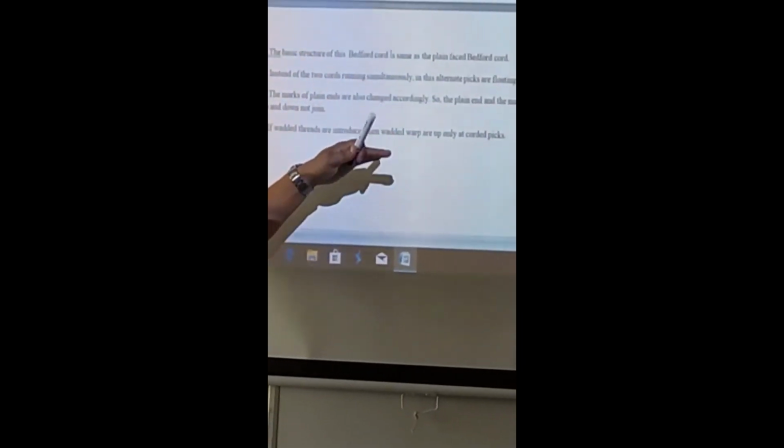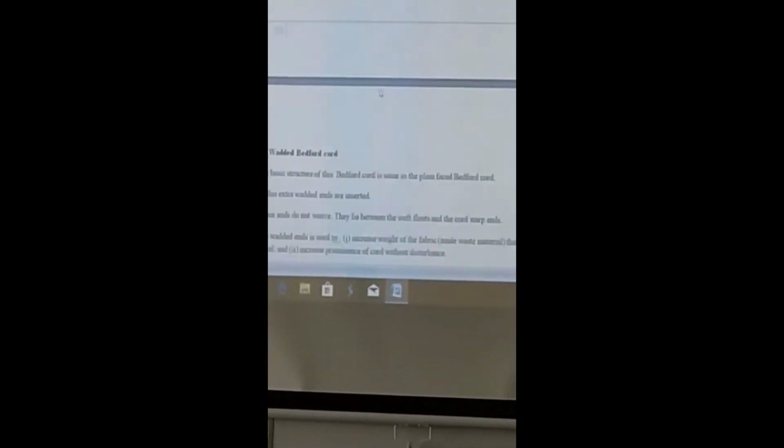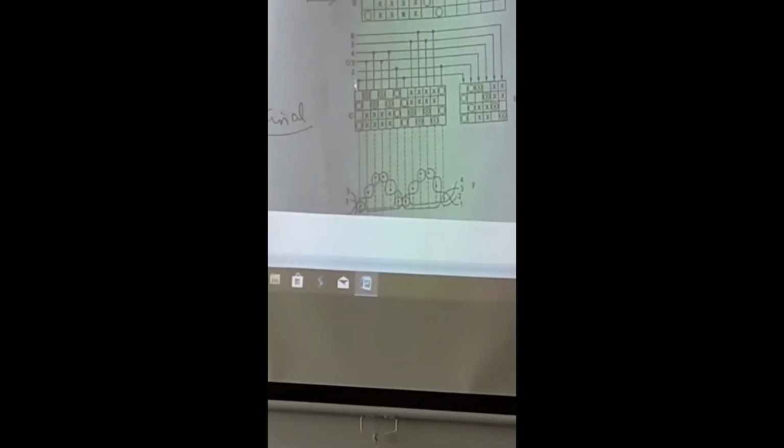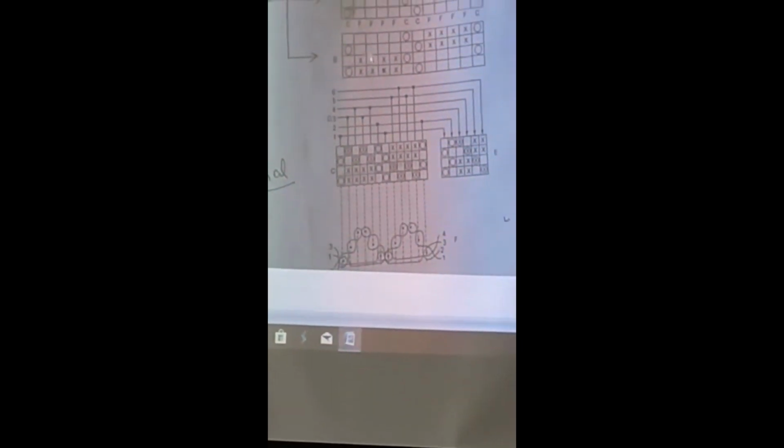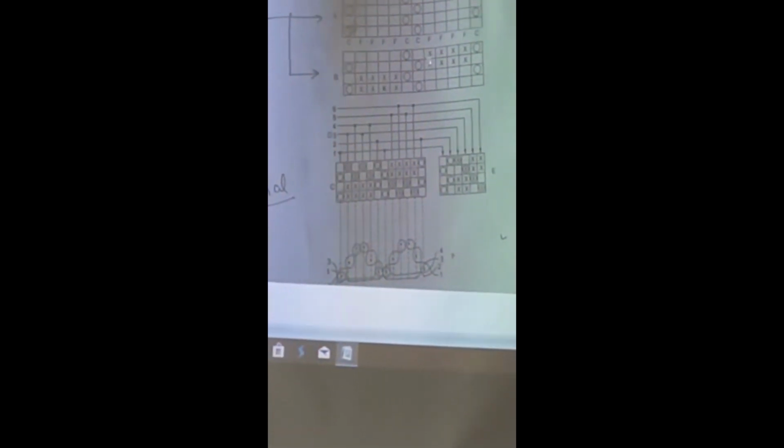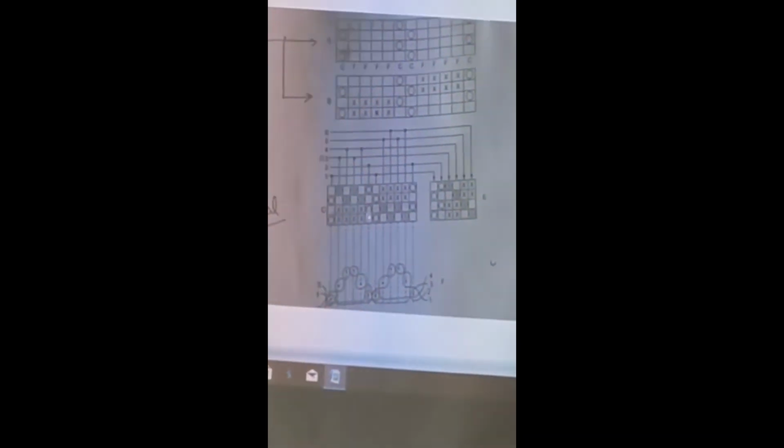Instead of two chords running simultaneously, meaning instead of two chords, first and second, that we were taking like this. Here see, these are the two chords, first and second. Then these are the next two chords simultaneously, one after the other.